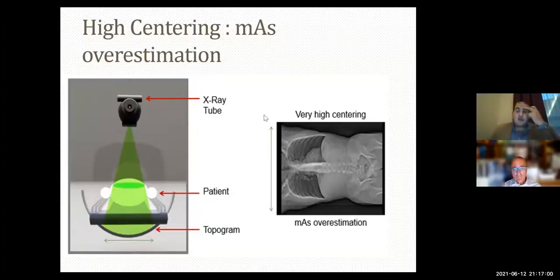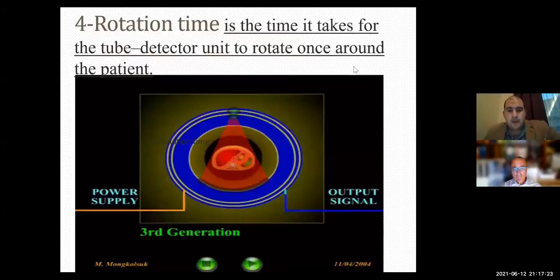So it's very important to make sure that the patient is in the center of the field of view using laser alignment. Also, it's very important to take AP and lateral scouts, because the scanner itself gets the information from AP and lateral to estimate the milliampere for each region in the patient.